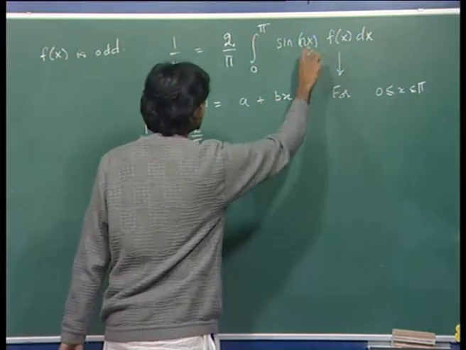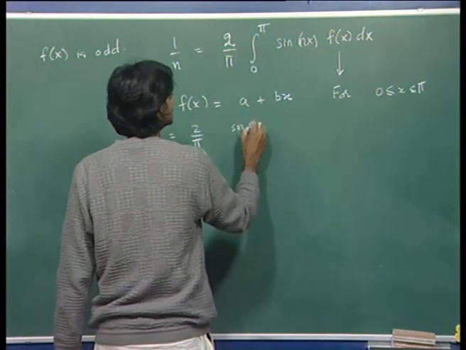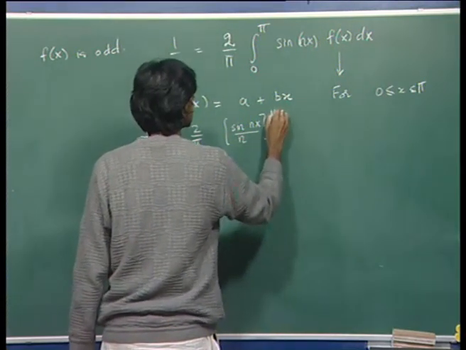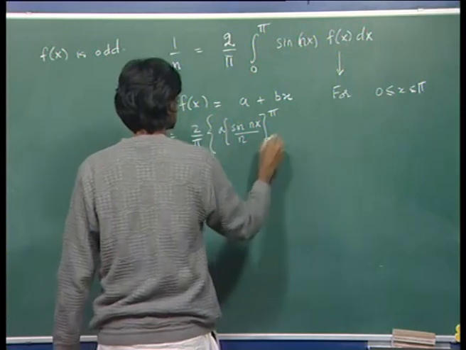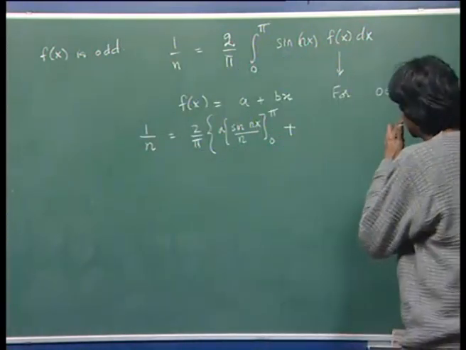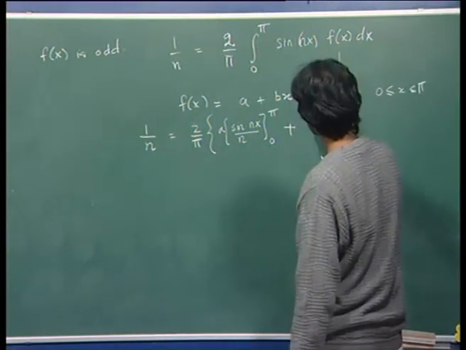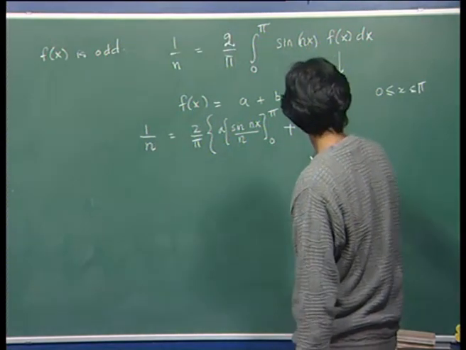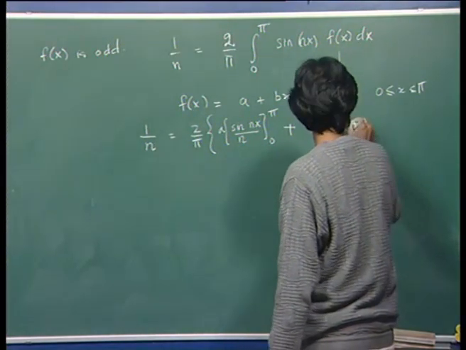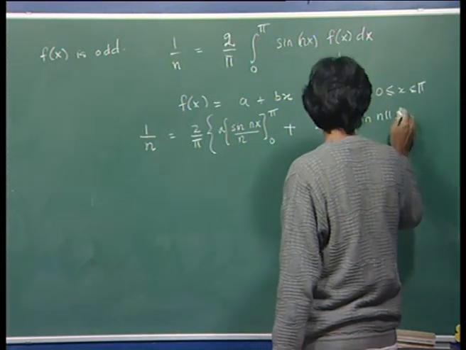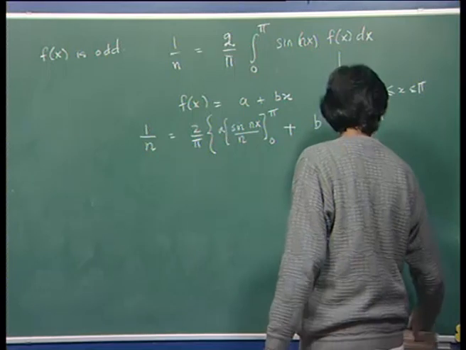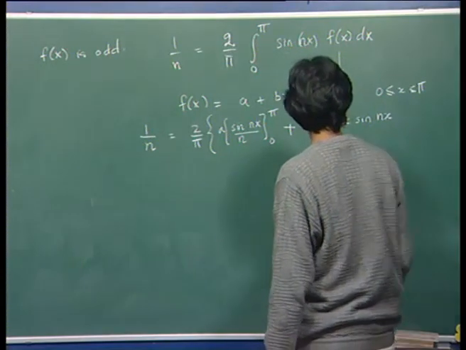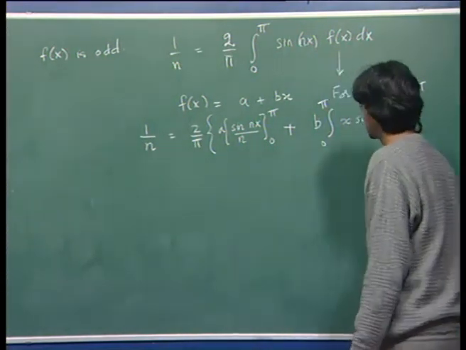Okay, so then 1 over n is equal to 2 over pi. Now, the first term will just give me a times sin(nx) divided by n from 0 to pi, plus b times the integral of x sin(nx) from 0 to pi dx.